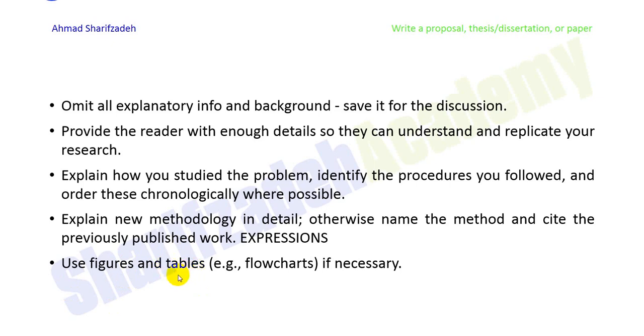In such cases, you can use tables, because tables make it easier to elaborate on specifically the participants, the instruments, something like this. And in some cases you can use flowcharts, specifically with regard to procedures. If you have a procedure that is difficult to understand, then you can use flowcharts so that the readers can understand it better. Okay?